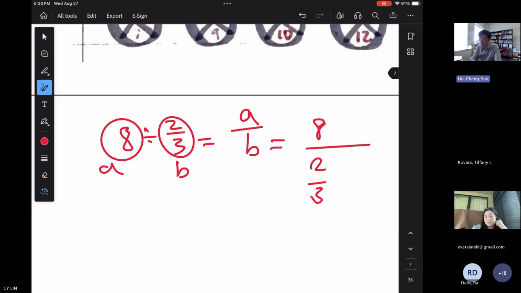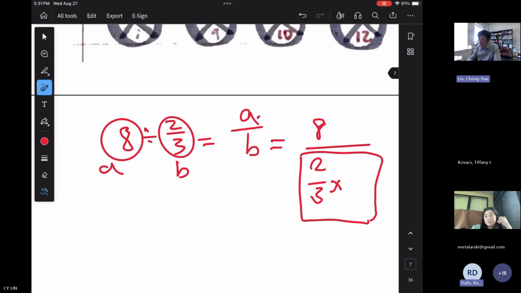Yes or no? B is 2/3. Yes, you can say that. It's just more confusing. It's not confusing. It's just a number. Whether it is a fraction or not, it is still a number, right?